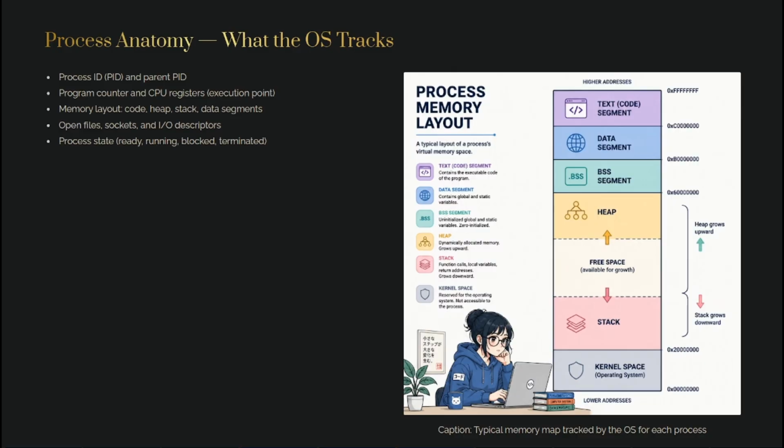And fifth, the process state, whether it is ready, running, blocked, or finished. Think of this like a status board in a busy kitchen. The head chef needs to know exactly which cook is doing what and at what stage each dish is.